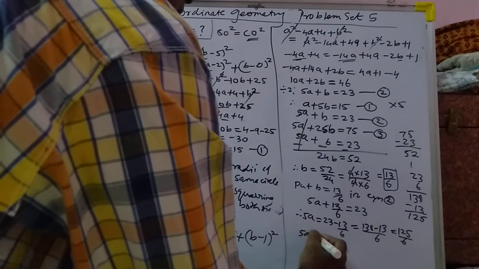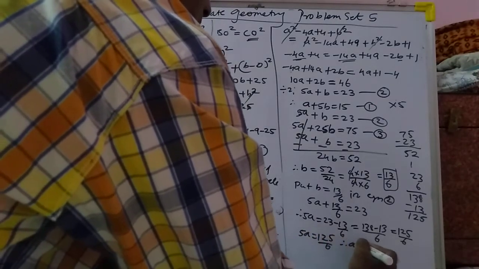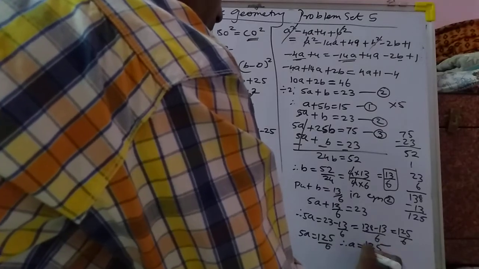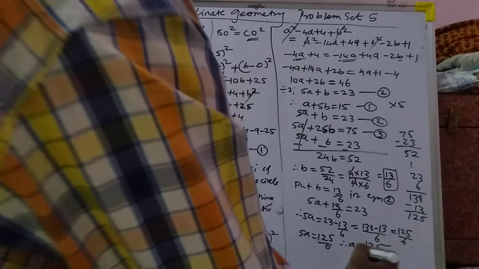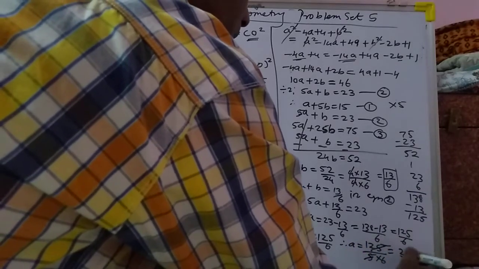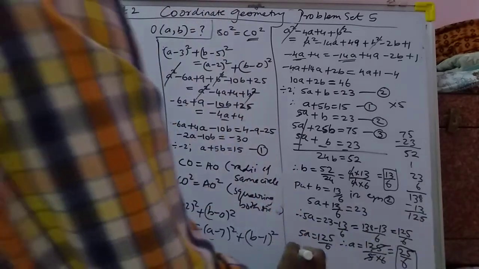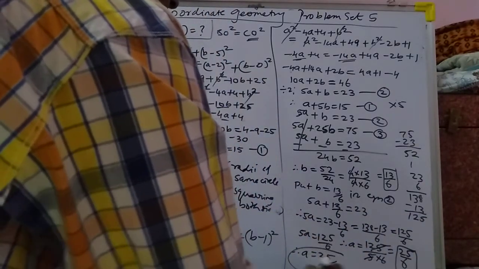So 5a is equal to 125 upon 6. Therefore a is equal to 125 upon 5 into 6. Cut it, it will become 25 upon 6. Therefore a is equal to 25 upon 6.